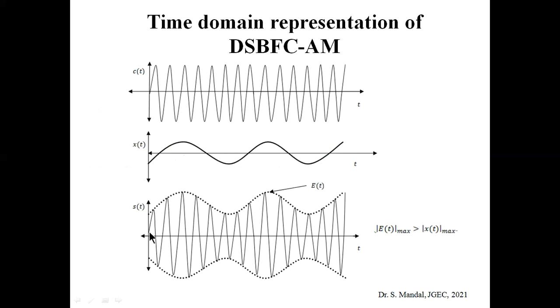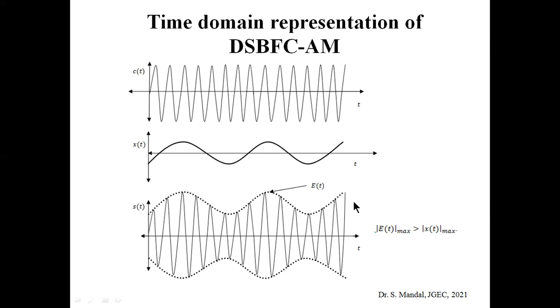You can see that this one is the high frequency term of c(t), but its amplitude varies according to x(t). You can see that this one is x(t), and this is called the envelope, e(t), or A plus x(t). So the envelope varies in accordance with x(t). So here the message is transmitted via this envelope, you can say.